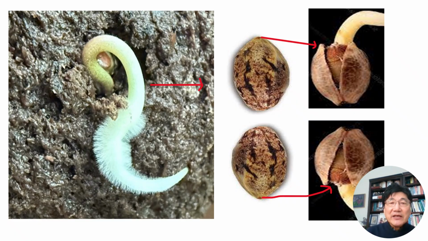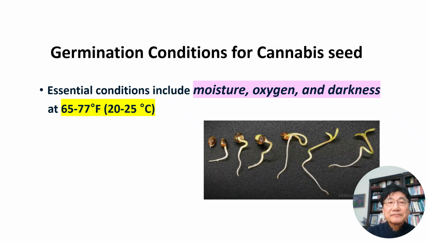As you can see in the picture on the right, the pointed part is where the pericarp opens. Essential conditions for germination include moisture, oxygen, and darkness at 65 to 77 degrees Fahrenheit.